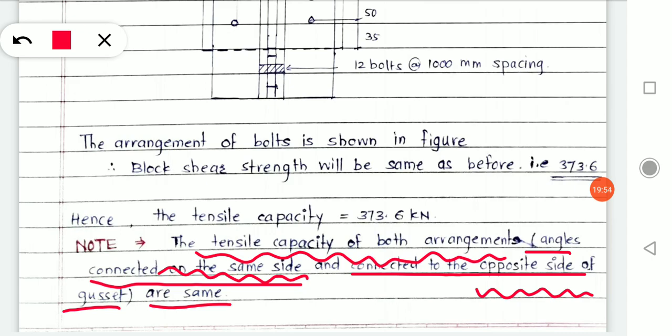On the same side, the single shear capacity of bolts is utilized. In the arrangement where angles are connected on opposite sides, the double shear capacity of bolts is used. When you connect the angles on the same side, more eccentric transfer of shear force takes place.